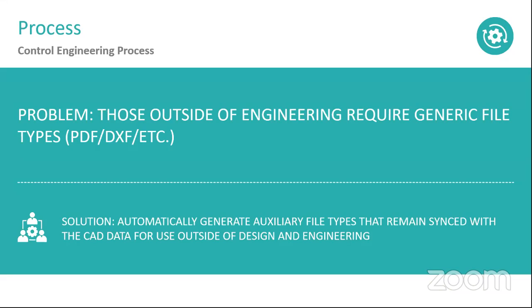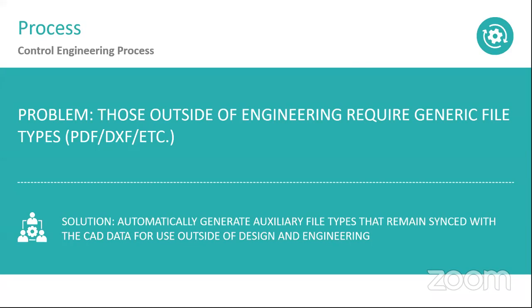All right, I think this is the last example. Another problem that I've heard a lot from my conversations with customers prior to having this, as well as some people on the team, is that those outside of engineering require generic file types or different file types than your standard CAD file types of DWG, IDW, et cetera. The most common ones being PDF, DXF, STL, STEP files, et cetera, right?